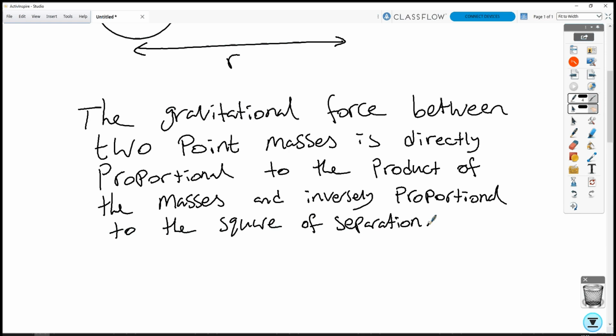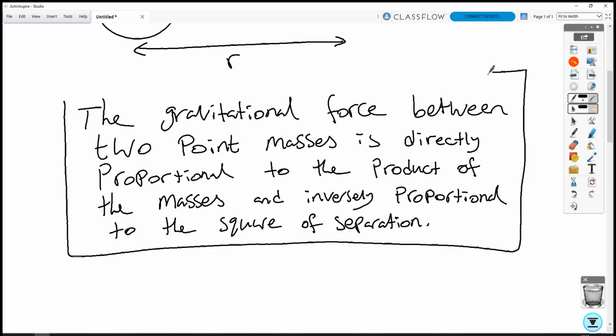This is a definition you must learn, so let's put a box around it. And then we'll deconstruct what this means.